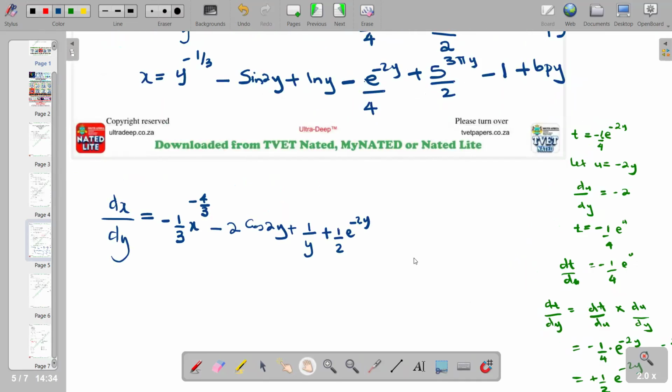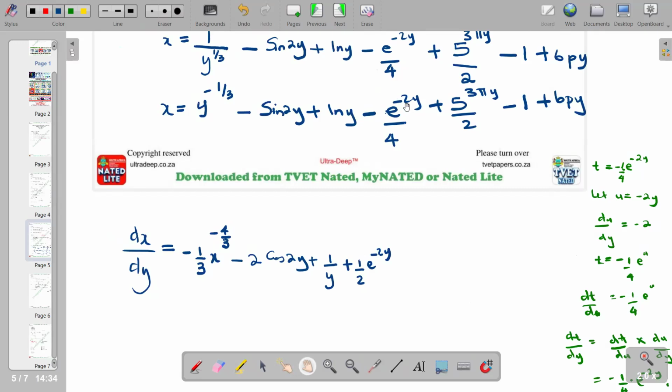So take note there, this one just needed you to bring down the negative 2 there. So it becomes positive, then positive 2 over 4 e to the power a negative 2y.